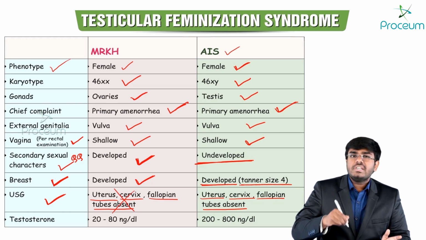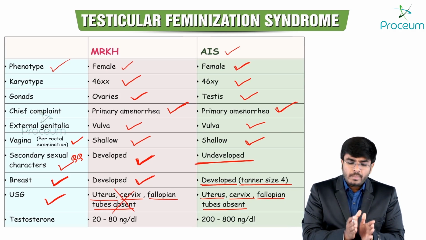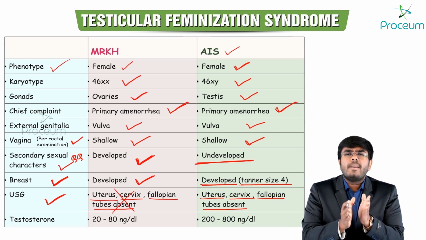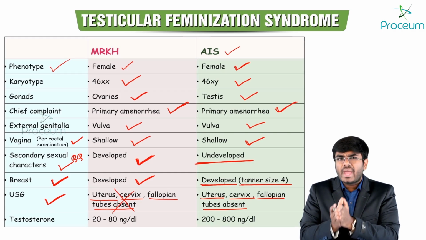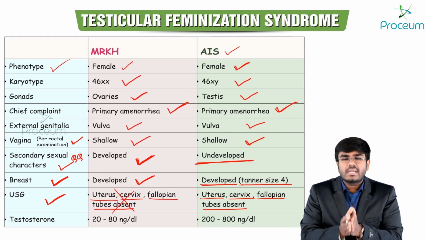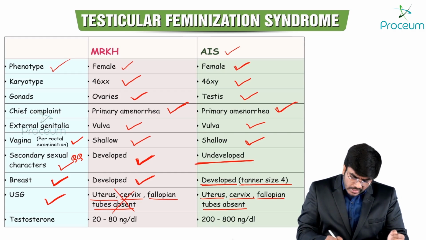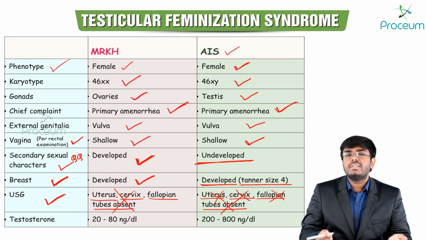And in androgen insensitivity syndrome, there is a Y chromosome. Because of the Y chromosome, there is a testis, and in the testis there are Sertoli cells, and these Sertoli cells make Mullerian inhibiting factor, which causes regression of the Mullerian ducts. So Mullerian derivatives like uterus, cervix, fallopian tubes are absent.